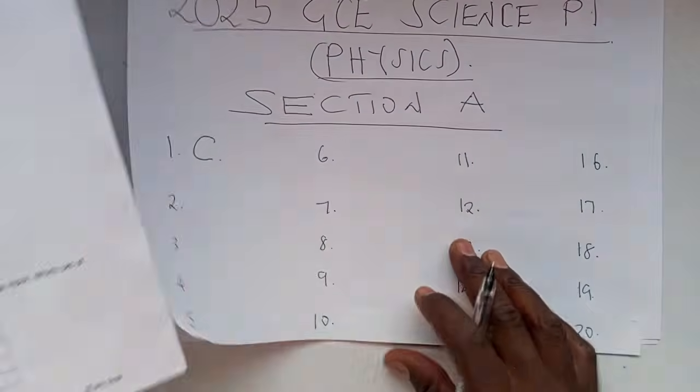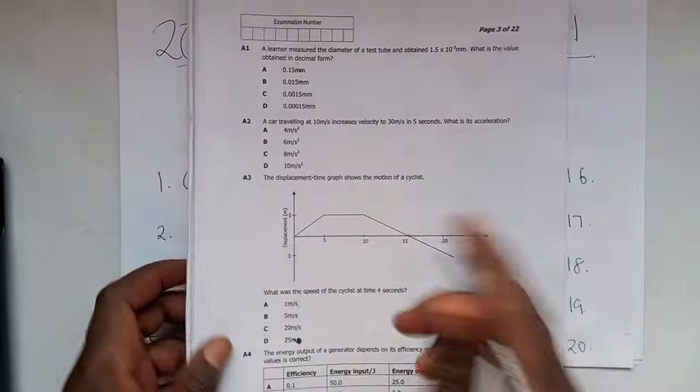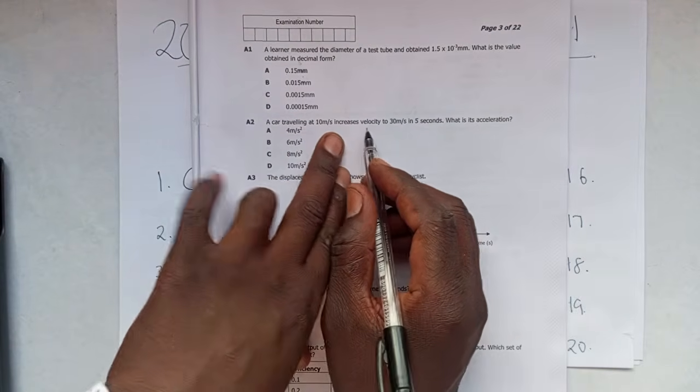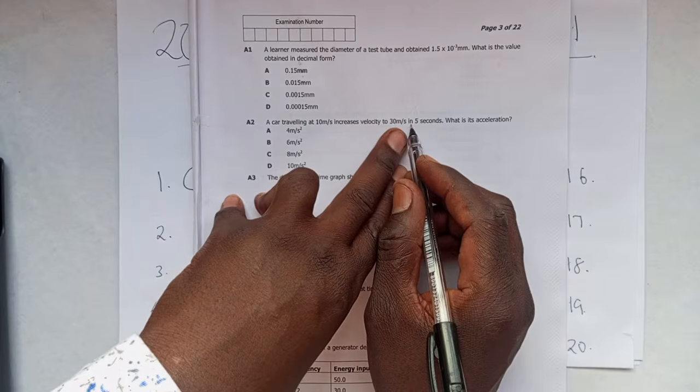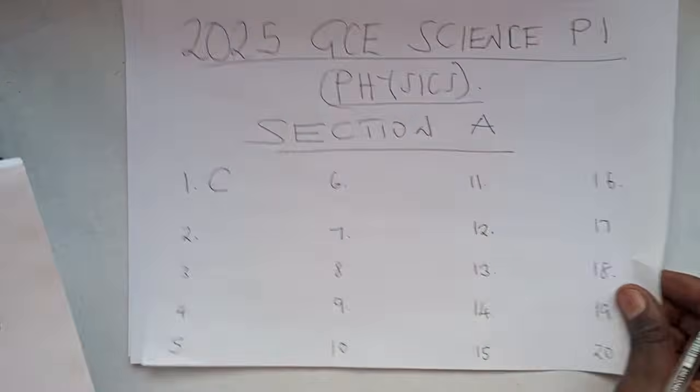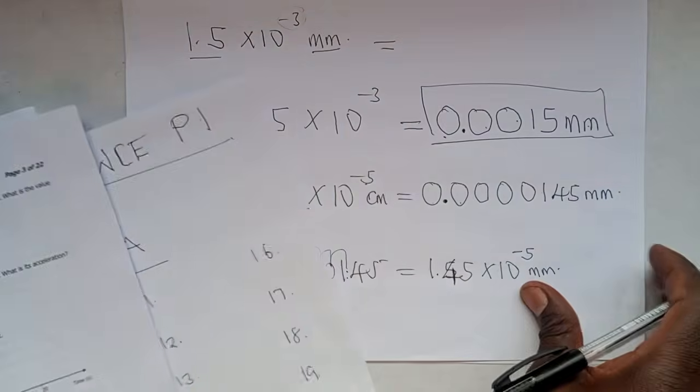We move on to question 2. Question 2 reads, a car traveling at 10 meters per second increases velocity to 30 meters per second in 5 seconds. What is its acceleration? Well, you must be able to solve this.